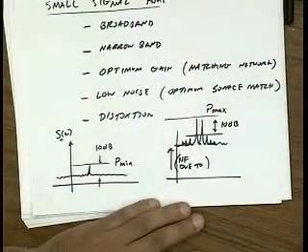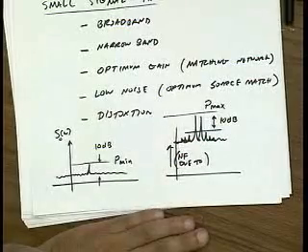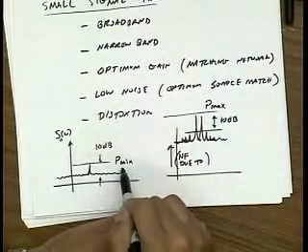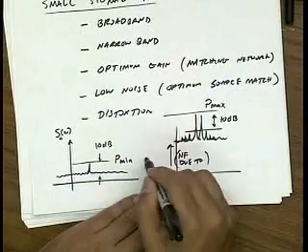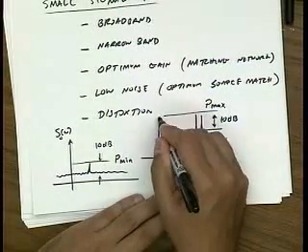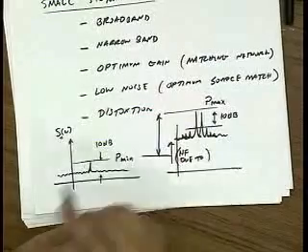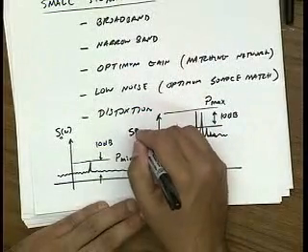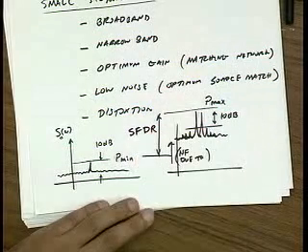This is the maximum power that this device can handle. Pmax is given by the distortion characteristics. Pmin is given by the noise characteristics. And the ratio of Pmax to Pmin is the spurious free dynamic range of the amplifier.